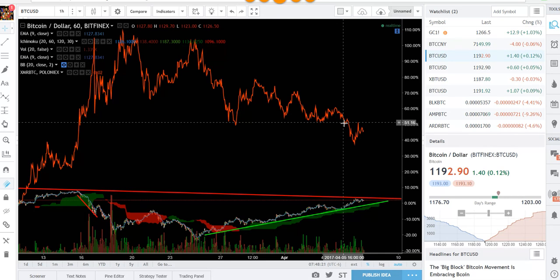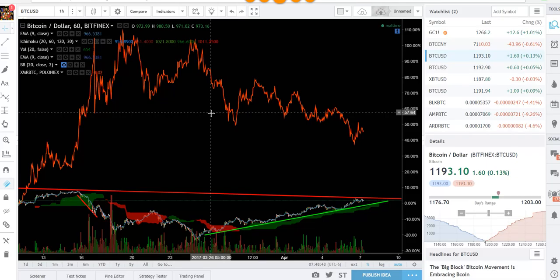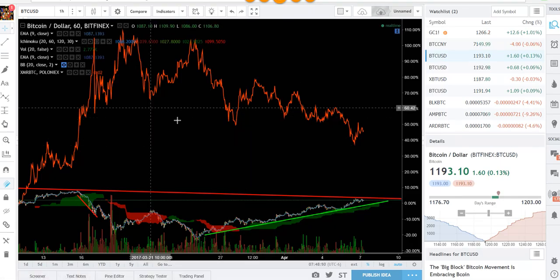But since Bitcoin right here bounced, where people thought Bitcoin was going to sell down, and then it bounced up to run towards 1200 again, the alts took that as a time to sell down to the next retracement level. So the way that these markets interweave with each other is very important.